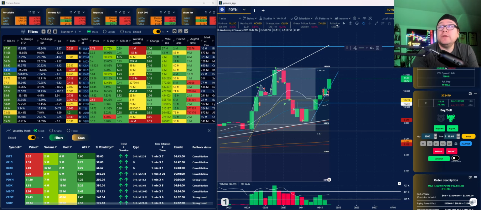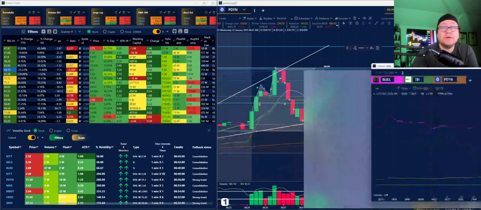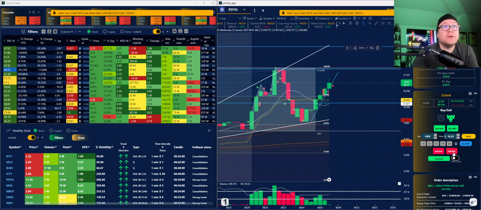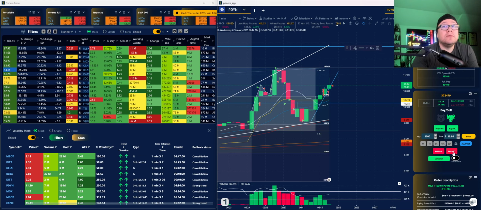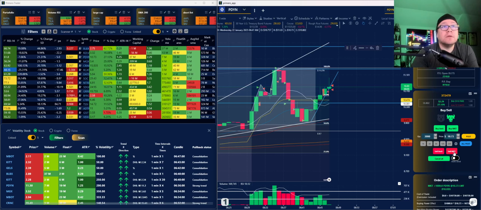BLBX is still moving and it's moving up. So I've been watching this since we've been talking here. I always keep an eye on that chart. Oof, I don't like that. We're going to start getting out. If that turns red, I get out completely.